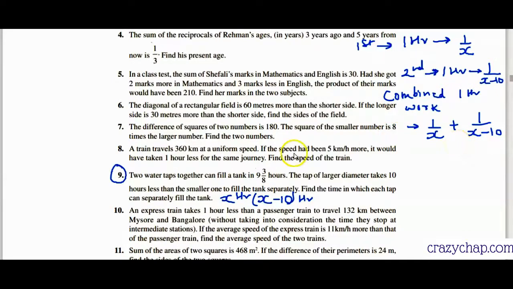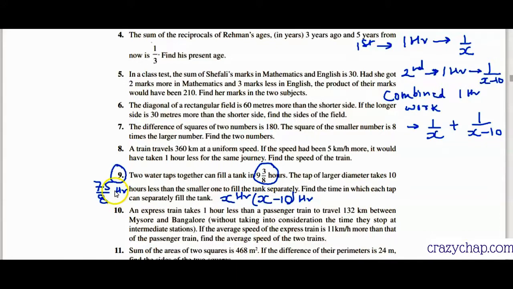Now in the question given, they both together fill the tank in 9 3/8 hours. Let's calculate what 9 3/8 is. 9 times 8 is 72 plus 3, 75 over 8 hours. So when they both work together, they take this much time.